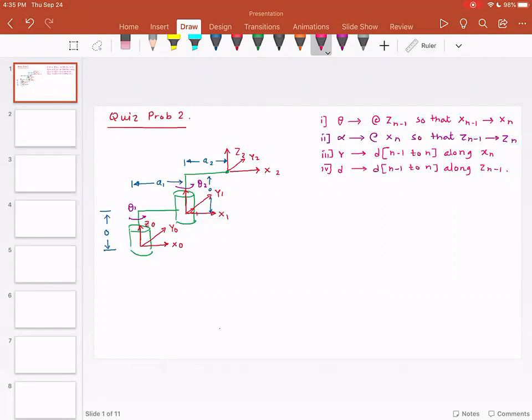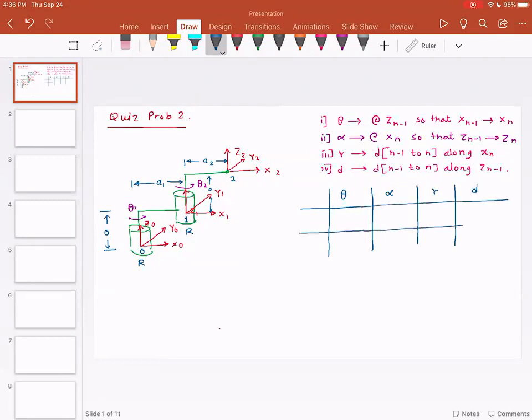Now, check this out. In this case, I have this revolute joint. I have this revolute joint. This is my frame number 0. This is my frame number 1. This is my frame number 2. So when I'm going to draw the DH table, the DH table will have theta, alpha, R, and D. And then I would have numbers corresponding to each frame.